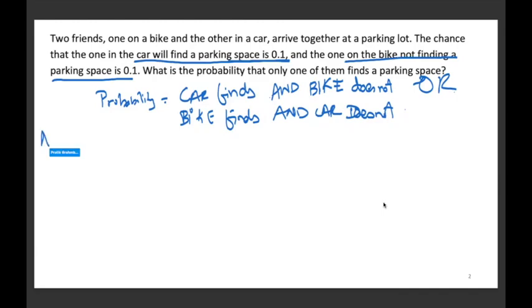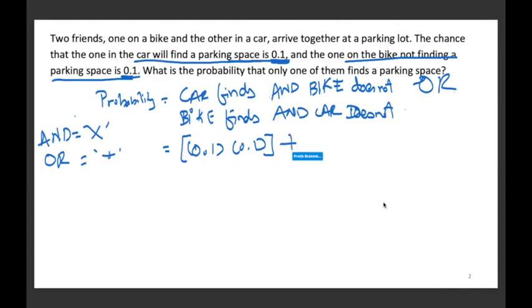Now, in this case, "and" always refers to multiplication, and "or" refers to addition. Okay. So the car finds a parking space, we already know, is 0.1. And the bike does not, we already know it's also 0.1.